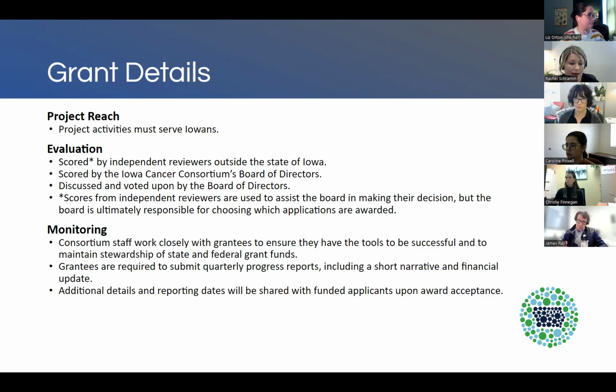We do require that folks submit quarterly progress reports that include a short narrative about what's going on, what some of the difficulties might be, what's been unexpected or gone well, as well as a financial update so we can make sure that the funds are being spent correctly. Additional details and reporting dates will be shared with the funded applicants upon the award.